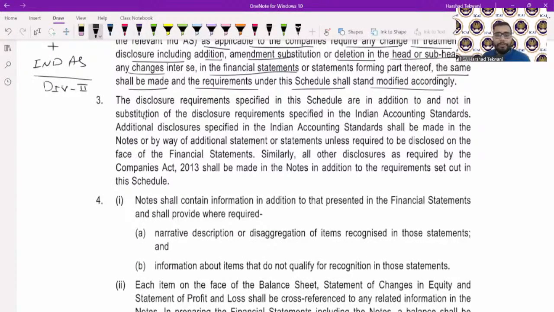Then it is not a substitution, where either I disclose these 3 or these 3. No, you need to disclose 3 of Ind AS and 3 of division 2, meaning a total of 6 points. Hypothetical example. So these requirements are in addition but not in substitution.